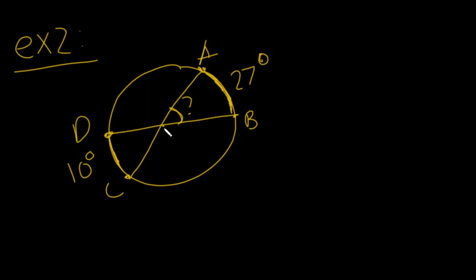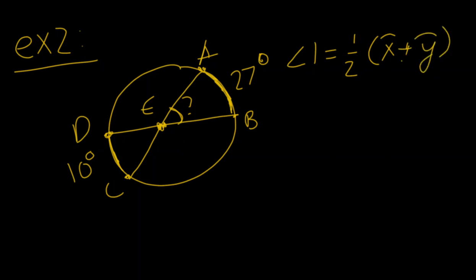Well, because our vertex, which we can call point E, is inside the circle, we'll still use this formula: angle 1 equals 1/2 parentheses arc X plus arc Y. And let me annotate these things in red so it's very obvious. We said that an angle forms a sharp point, and we see our sharp point is right there.